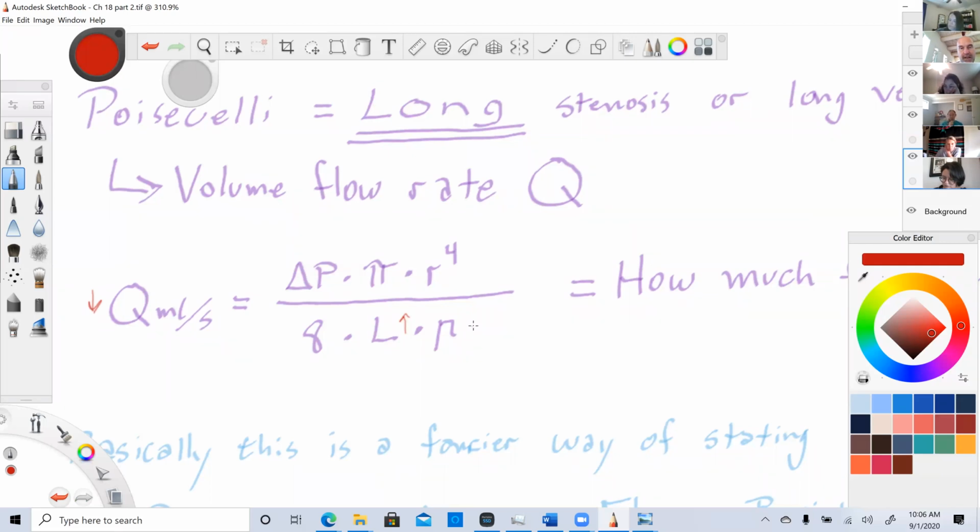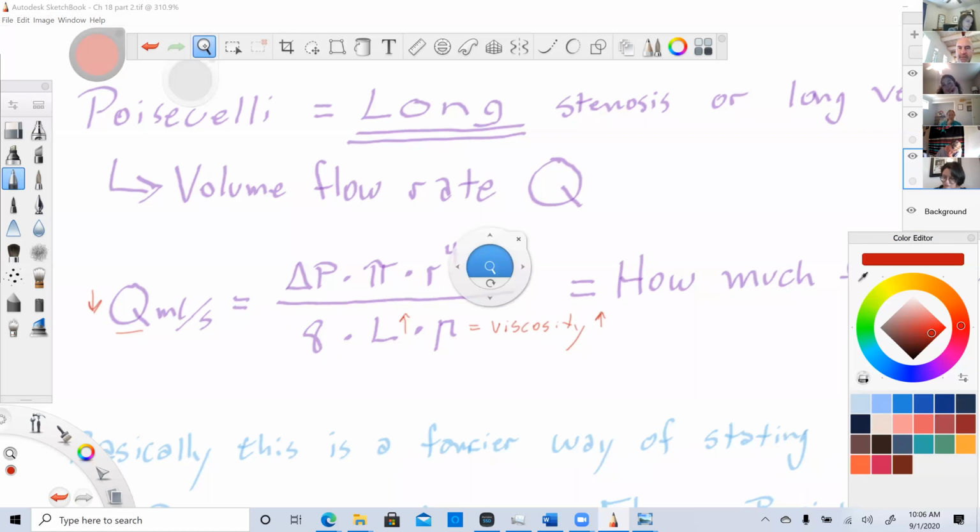Funny looking N, that is viscosity. If viscosity goes up, Q goes down, volume flow goes down. Of course, viscosity is like honey. Honey is viscous. Water is typically not very viscous unless it's frozen.